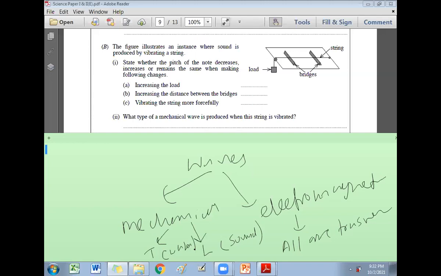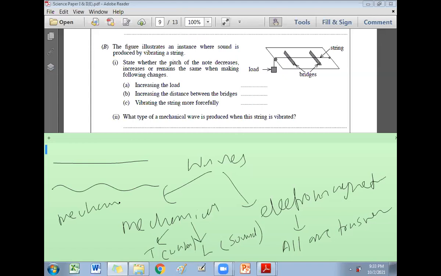Transverse wave. If you write mechanical transverse, also correct. That means this is the stretched wire, and it will be like this. So this is mechanical transverse. The sound is longitudinal, but they are asking, when the string is vibrated, what is the wave produced in the string?